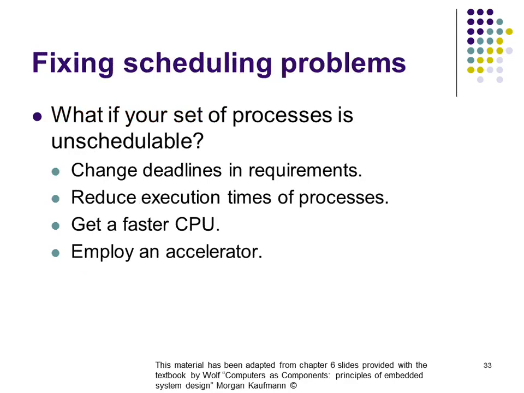You can make some processes use less execution time, so you simplify them, look at your code, change your code a bit maybe. Employ a faster CPU or chuck it on a hardware accelerator, a GPU, an FPGA, or a multi-core CPU. So basically, it's not an easy problem when you've got a scheduling problem. You either need more processing power or to simplify your problem. There's no shortcut.